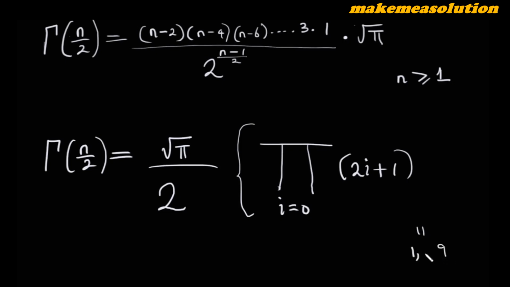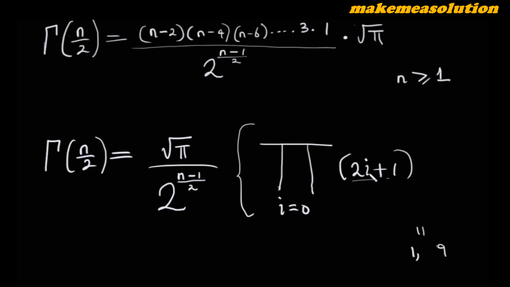To stop at 9, I'll ask myself, what will I do to this particular formula to make it stop at 9? Of course, this one will still remain 2 raised to the power of n minus 1 over 2 here. So what value of i will give me 9? You agree with me that the value of i that gives me 9 is definitely 4, right?